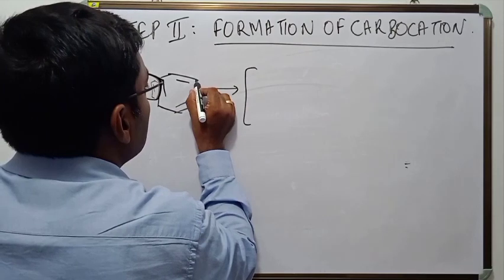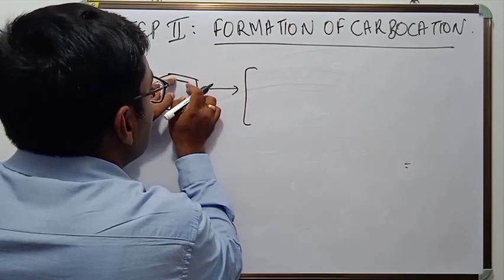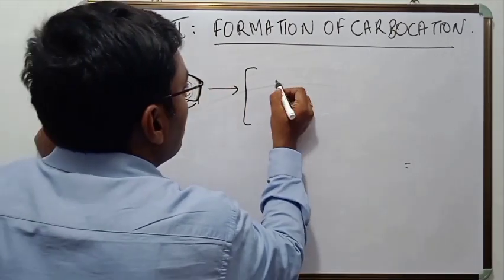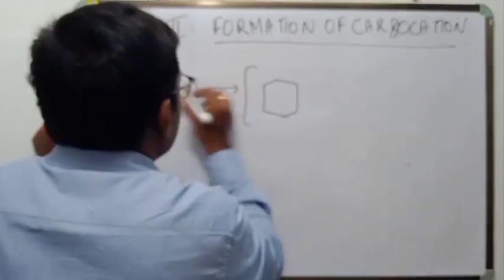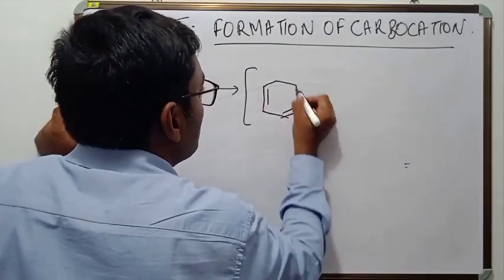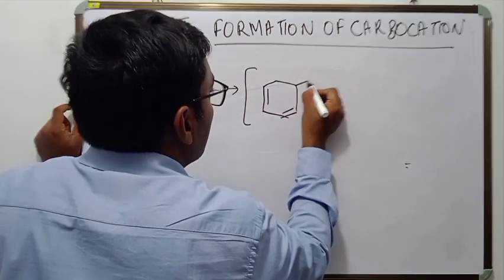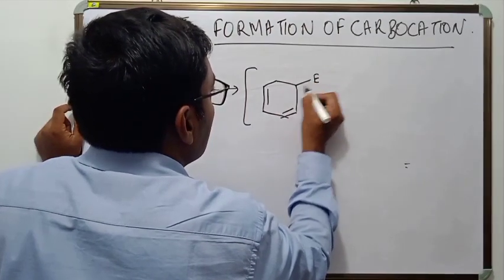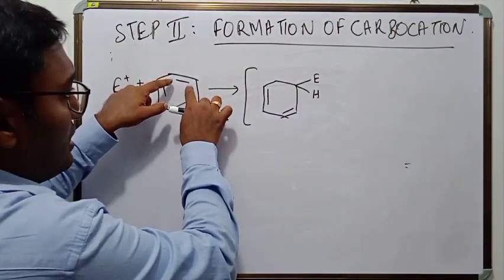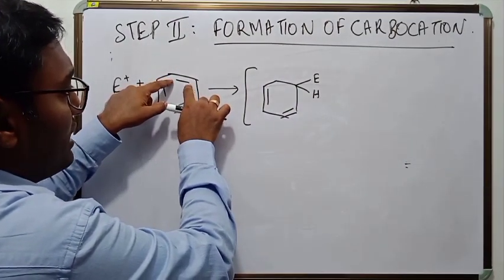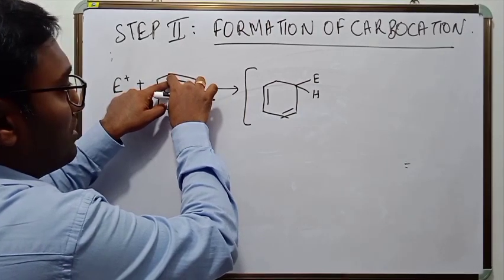And what structure would result? Suppose it attacks at this position, that is, if it takes this electron pair, then what would come out? These two bonds, nothing happens to them. This electron pair has been taken. There is E and here it is H. Now when it takes this electron pair, it actually takes the electron from this carbon.